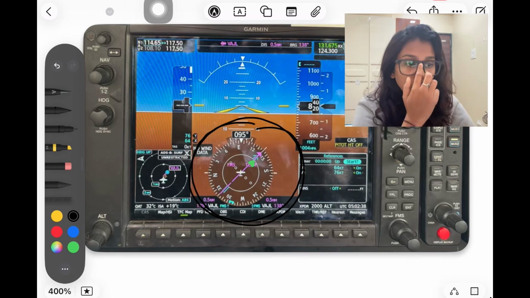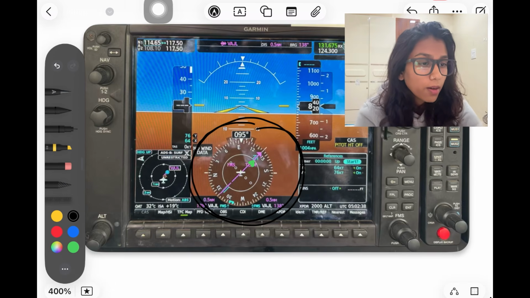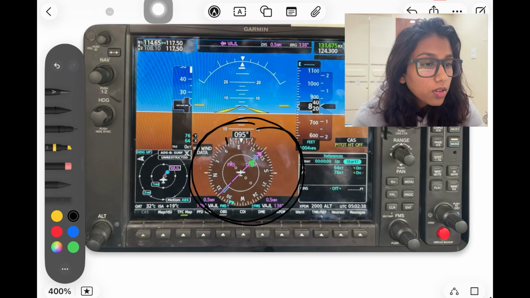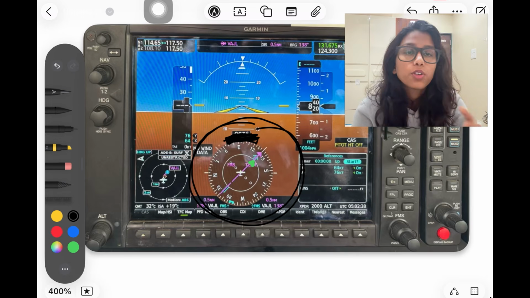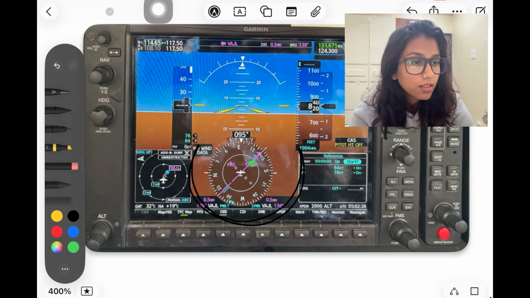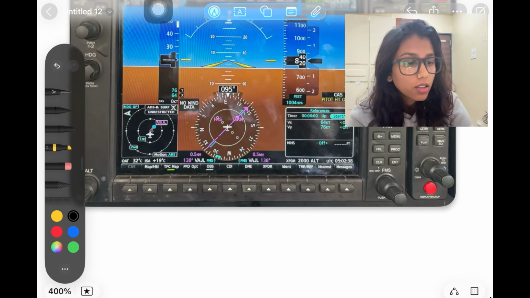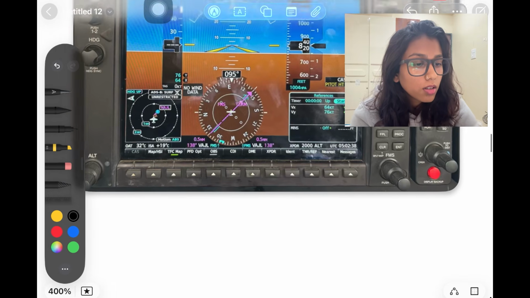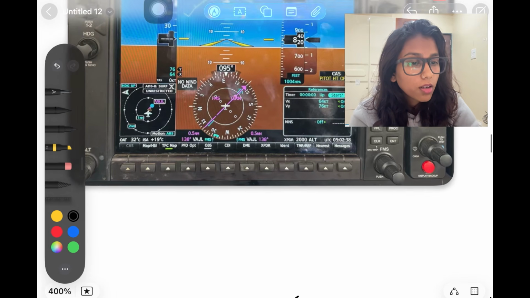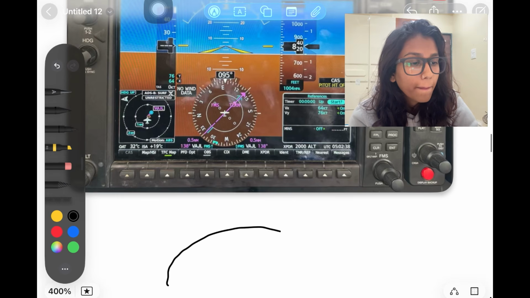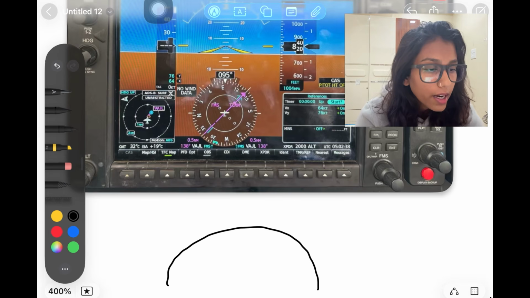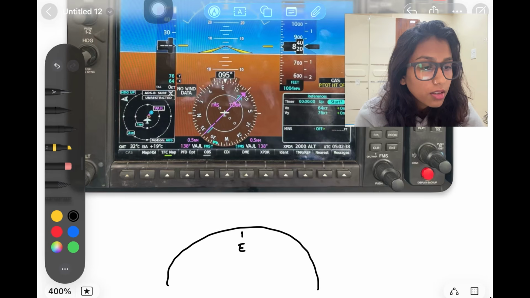And if you do this method, which I'll just tell you now, this bracket that you see, the black bracket, we'll just focus on this bracket. Let's remove it and I'll make one here. This is my RMI, right? It shows here east, here 6, here 12, and this is our needle.